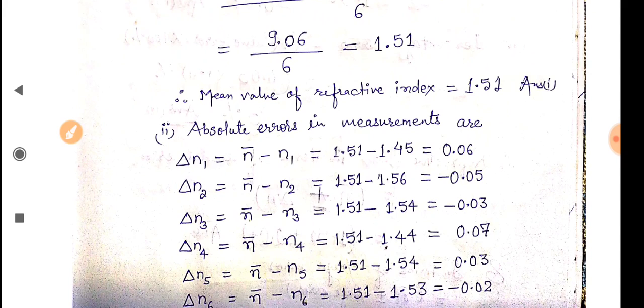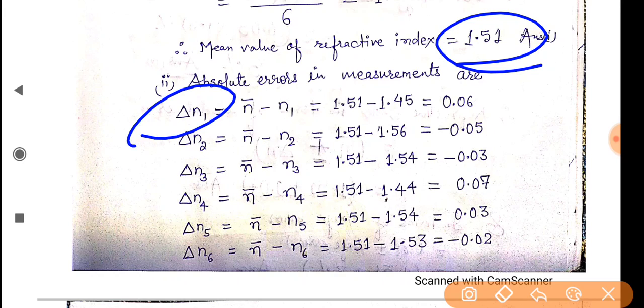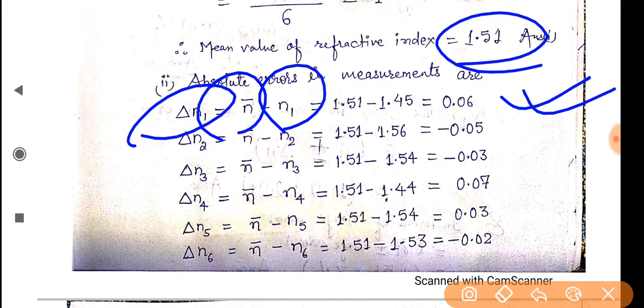Absolute errors in measurements: you have to just find out the deviation from the true value. This mean may be considered as the true value. So the first absolute error Δn1 can be calculated as n̄ minus n1. Simply you get it by subtracting the given values: 1.51, the true value or mean value, minus the first observation 1.545. This will give you 0.06.